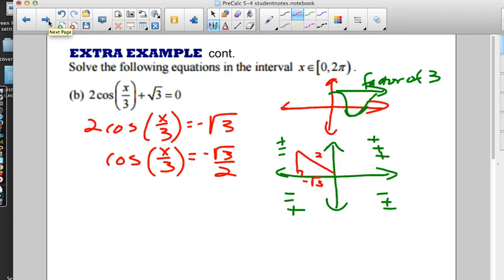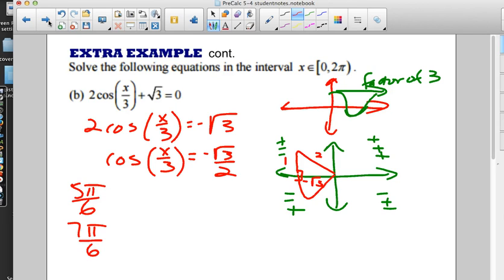Yep, that makes sense. Oh, that would be a 1. This is a 30-degree angle. But what's the name of this angle in the second quadrant? 5 pi over 6. Is that the only negative square root of 3 over 2 we're going to find? No? In fact, the other one's right here, right? So what would the name of that angle be? 7 pi over 6.